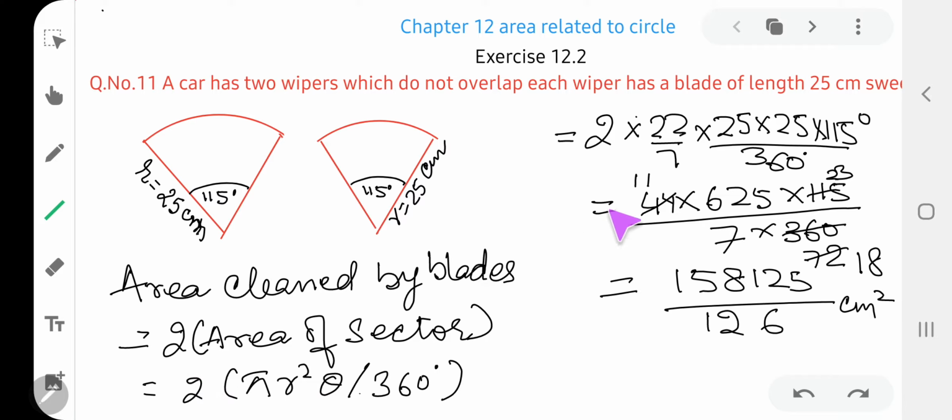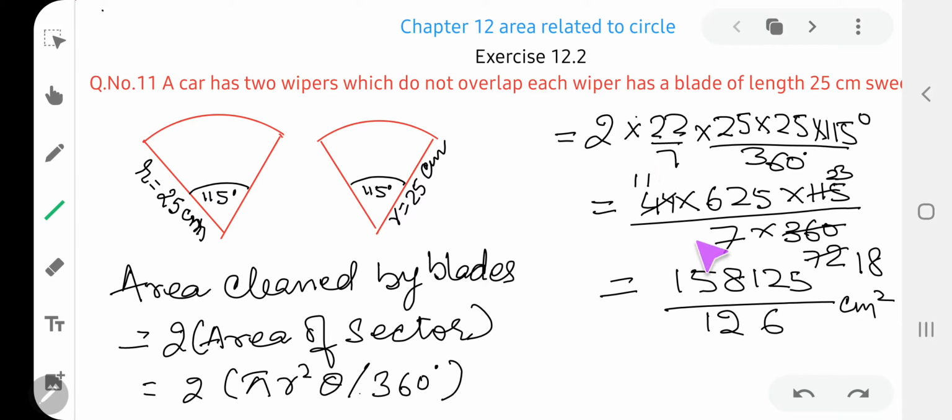Now let us put the value. Pi is 22 by 7, r given equal to 25, r square is there, so we have to write it twice, and the central angle is 115 degree, and this is divided by 360.